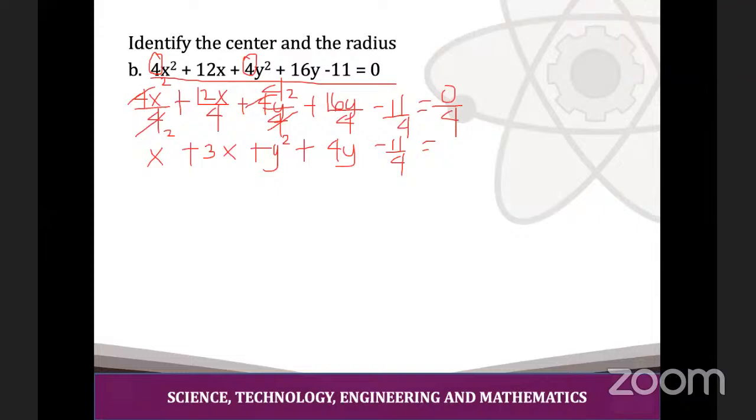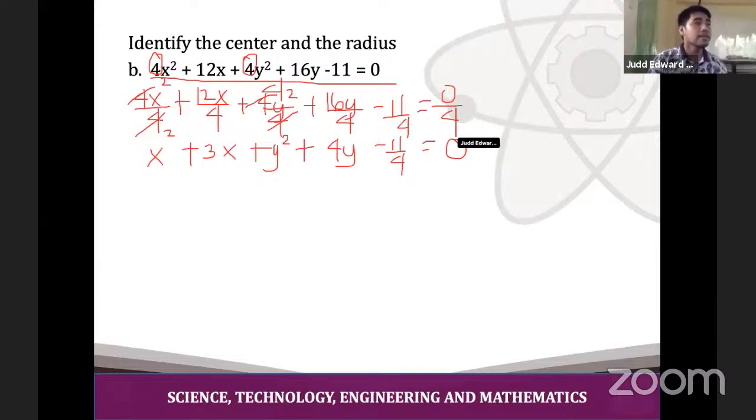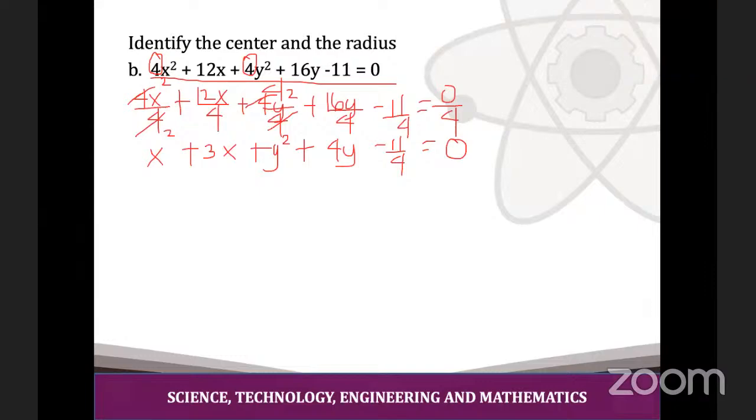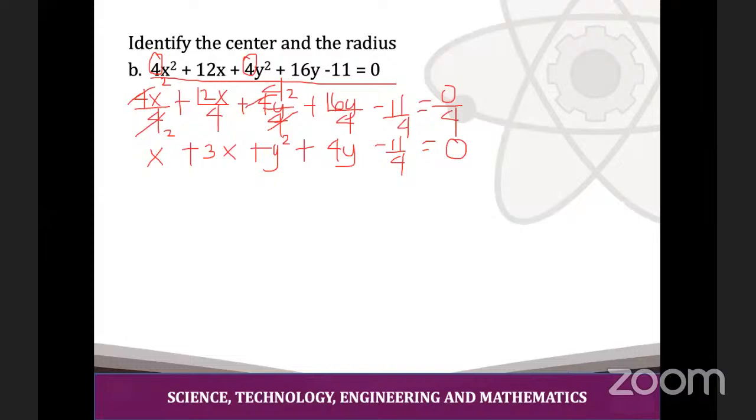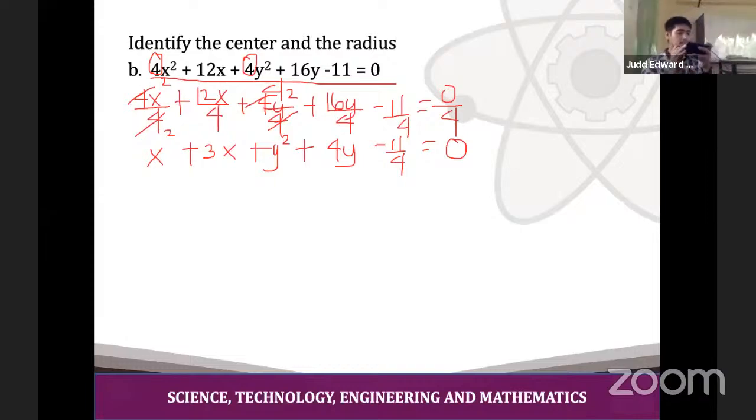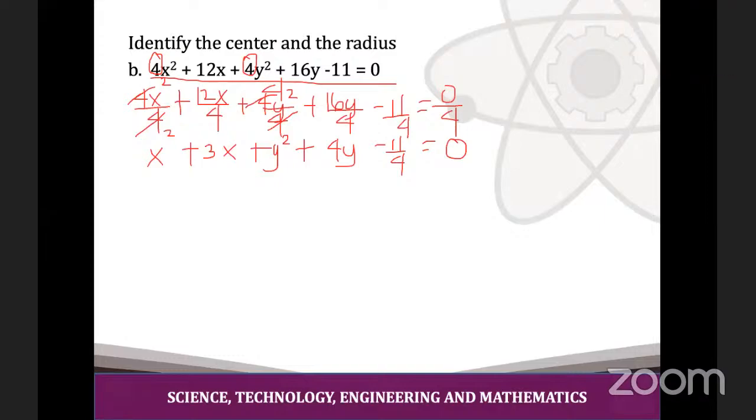Therefore, I will ask you again, is the equation in general form or not? In general form na po. Yes, it is now in general form. But, is this in center radius form? Hindi pa po. What do we do? Anong gagawin natin ngayon? Completing the square po.